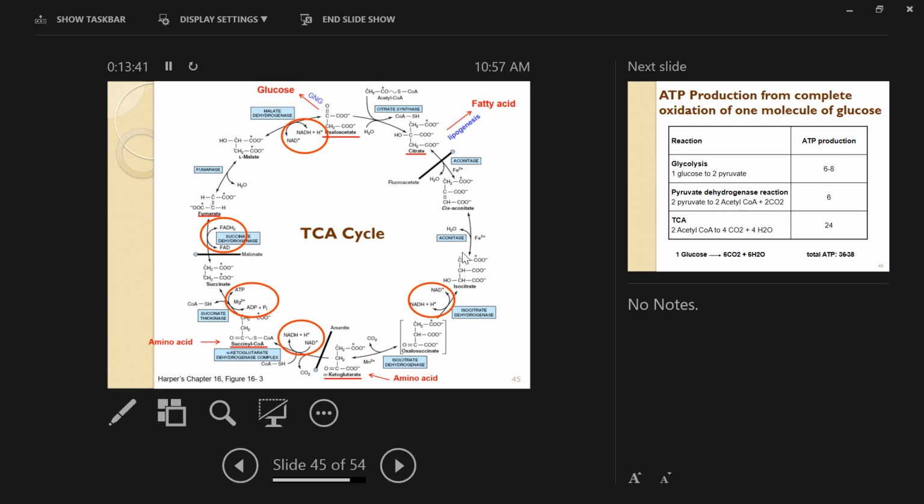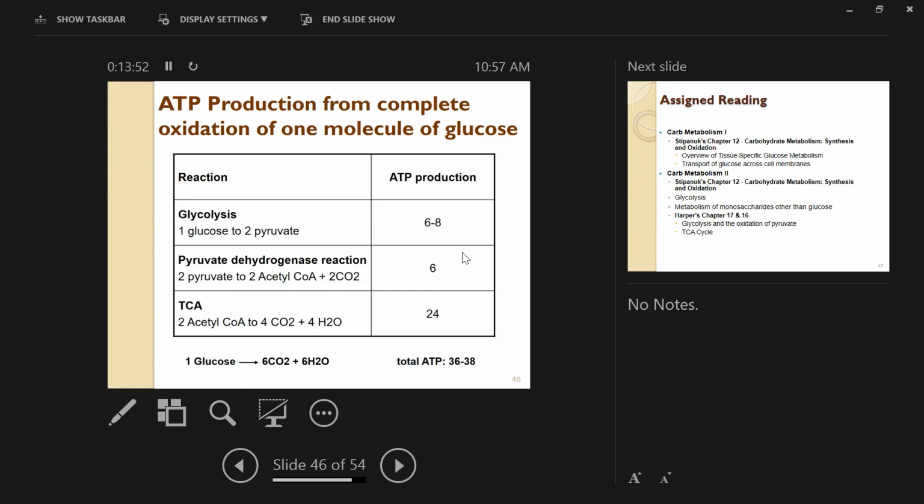Once one molecule of glucose is completely oxidized, right? So the total ATP will be 24. Do you guys have an idea why it's 24?